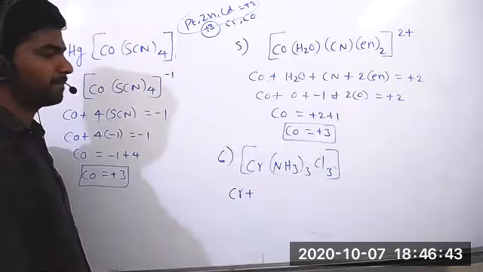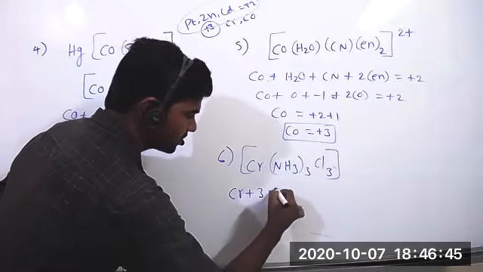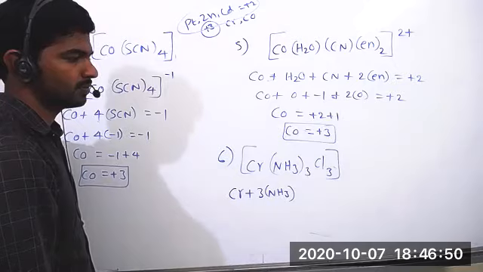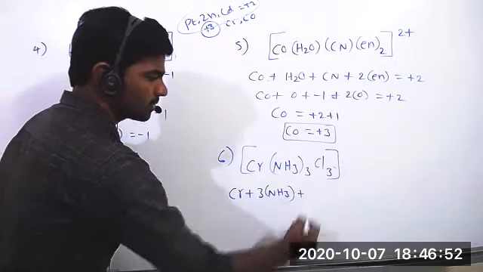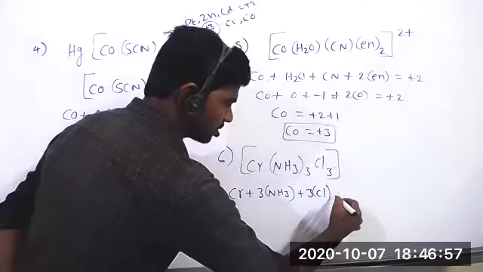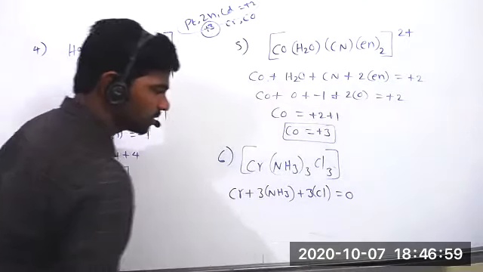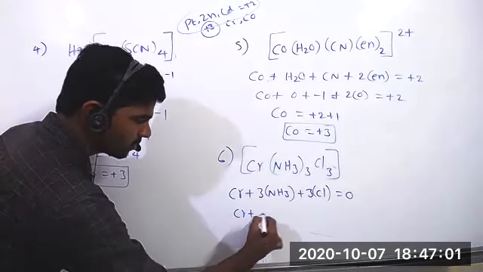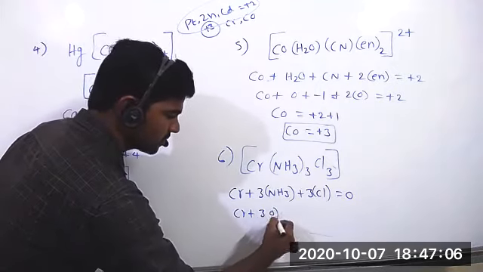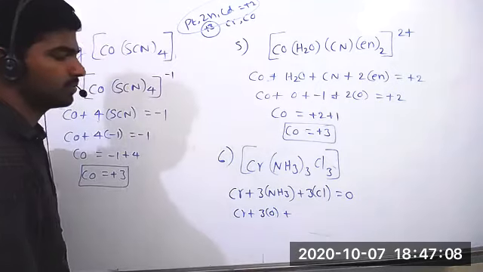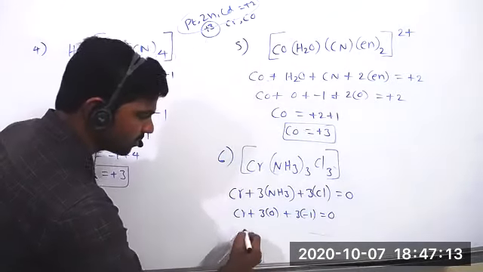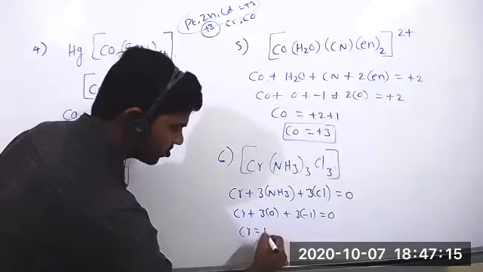Chromium plus 3 NH3 plus 3 Cl is equal to 0. After that, NH3 will be 0, sir. Okay. 3 into 0, 0. And chlorine? 3 into -1 equal to 0. Chromium equal to -3. Take that side. +3.